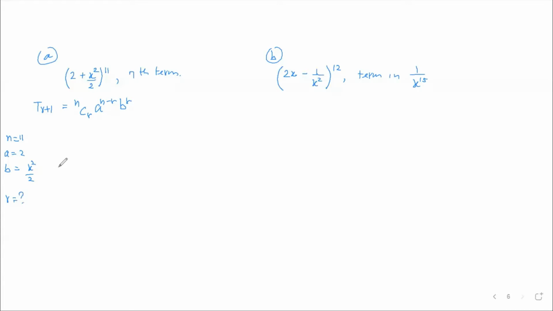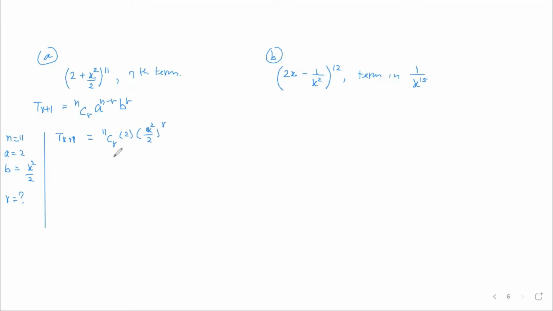So then we replace it in the formula first. See what information we have, just replace it in, so it becomes T r plus 1 equal to: n is 11, r is unknown, a is 2, b is x power 2 over 2, and power r.